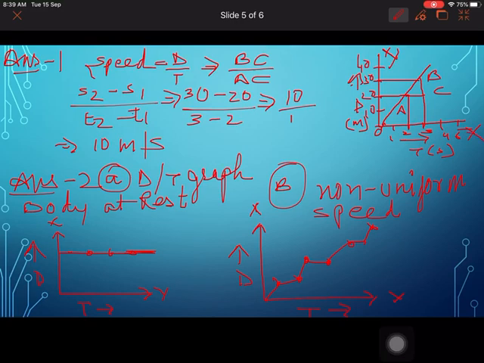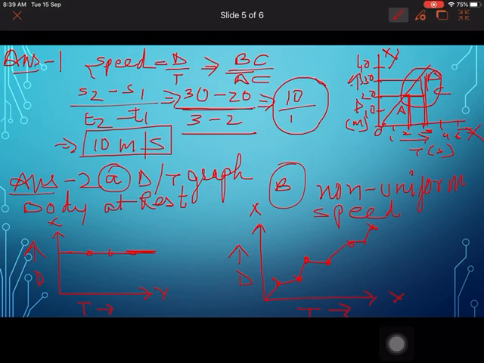Again we can draw two lines like this and we get the triangle ABC. Now speed is equal to distance upon time, so BC upon AC, S2 minus S1 upon T2 minus T1. So S2 minus S1 is 30 minus 20 and time is 3 minus 2, that is 10 upon 1. So the answer is 10 meter per second.